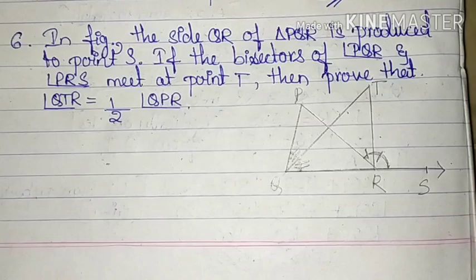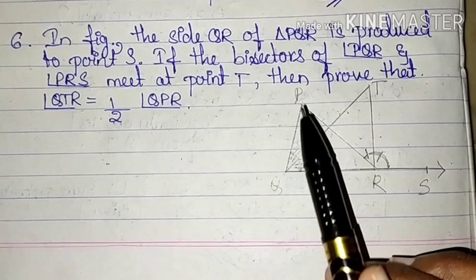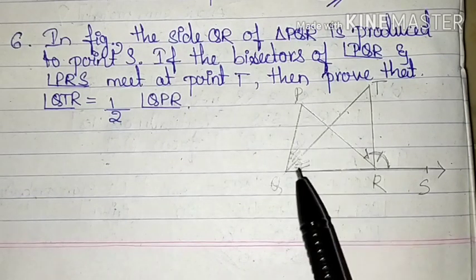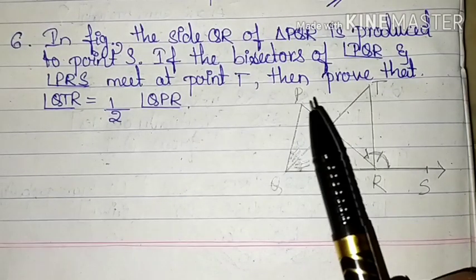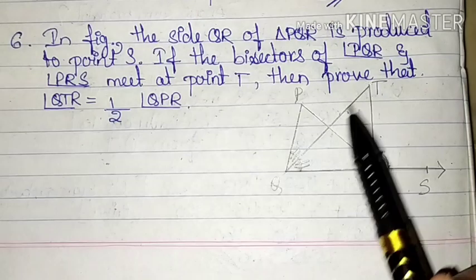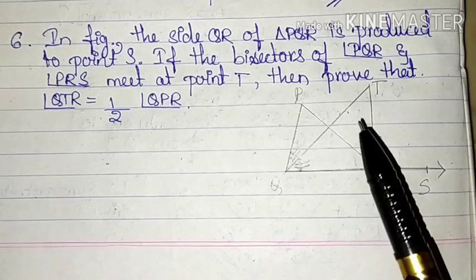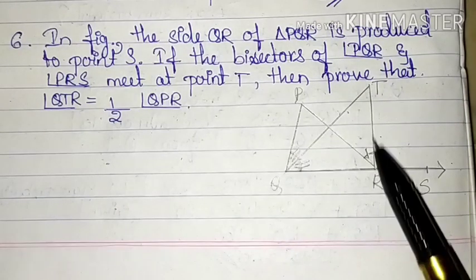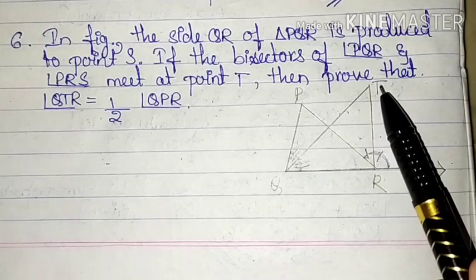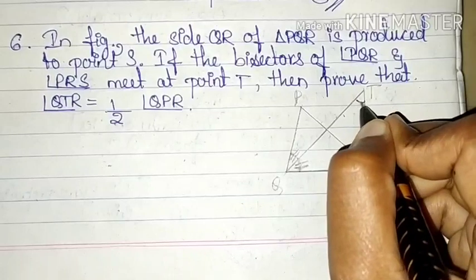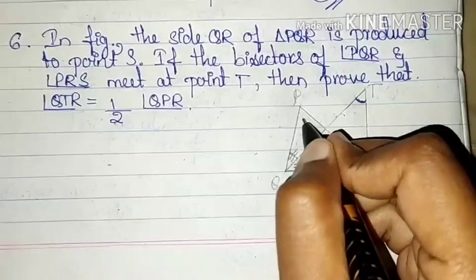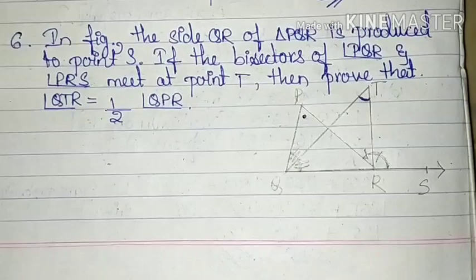In the last question, in the figure the side QR of triangle PQR is produced to point S. If the bisectors of angle PQR, that is QT, and angle PRS, that is TR, meet at point T, then prove that angle QTR is half of angle QPR.